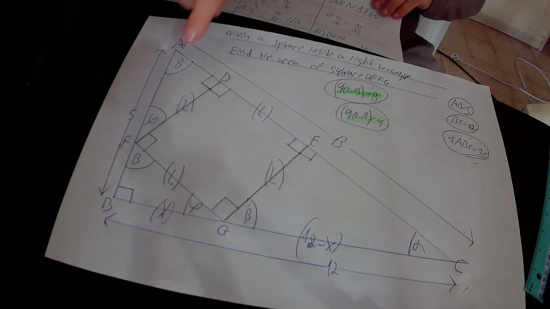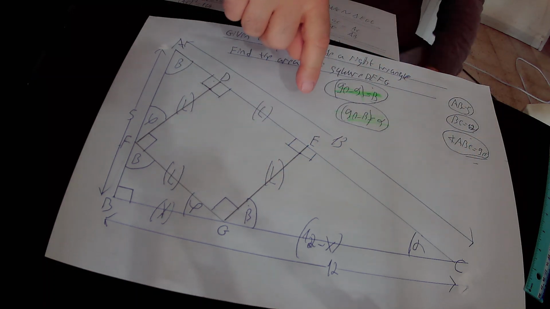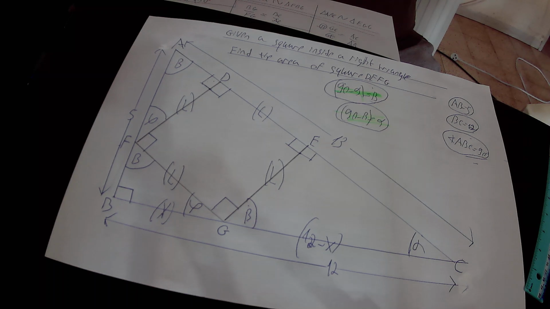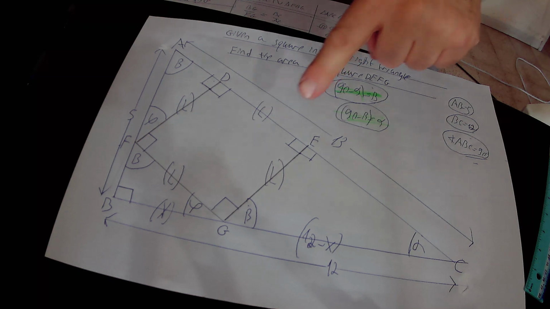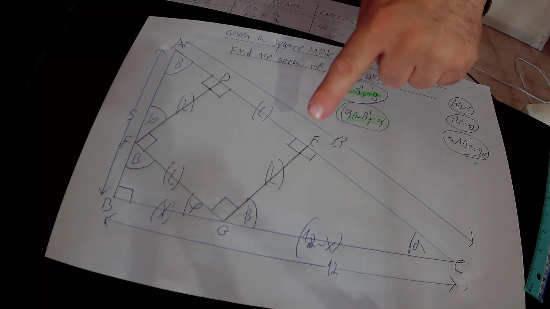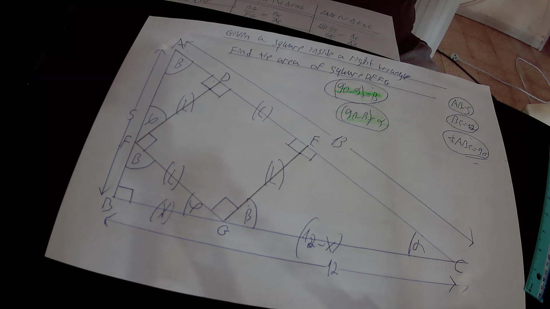Likewise, the big right triangle ABC is similar to this small right triangle, triangle EGC, according to the angle similarity rule. And from the fact that those two right triangles are similar to each other, we derive that the following relationship exists between their sides.